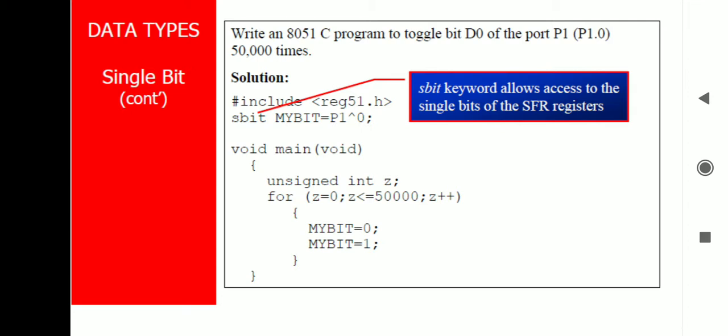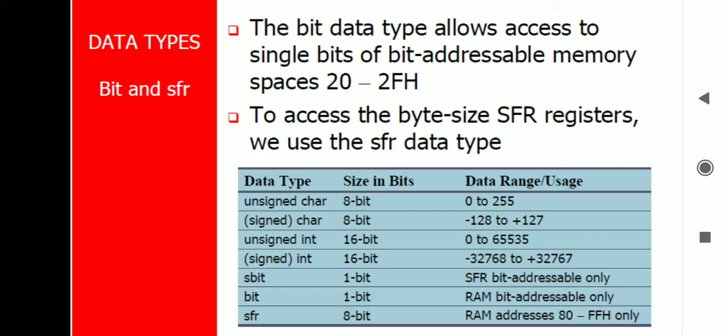To express a single bit of special function registers, the sbit data type is frequently used. So far, the different data types, their sizes and ranges are displayed in the following table.